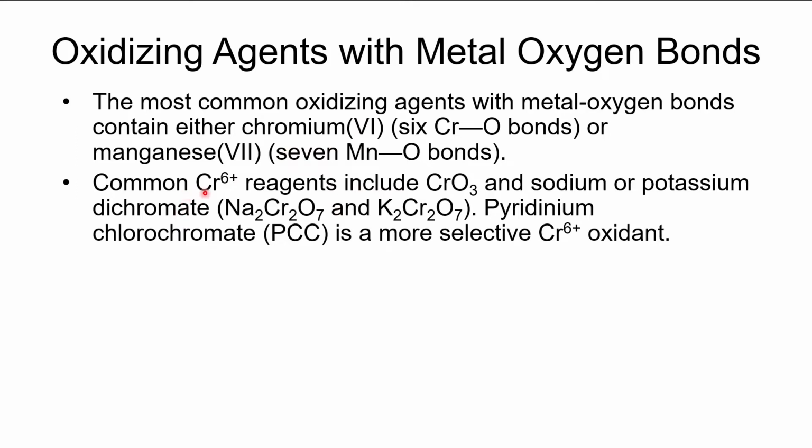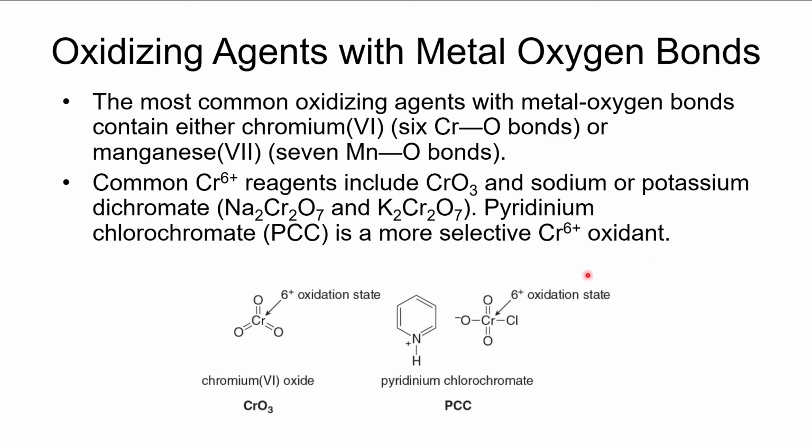With the chromium 6, that includes CrO3, usually dissolved in aqueous sulfuric acid. Or you can have sodium or potassium dichromate, also usually dissolved in aqueous sulfuric acid. And then also pyridinium chlorochromate, which ends up being a more selective chromium 6 oxidizing agent.